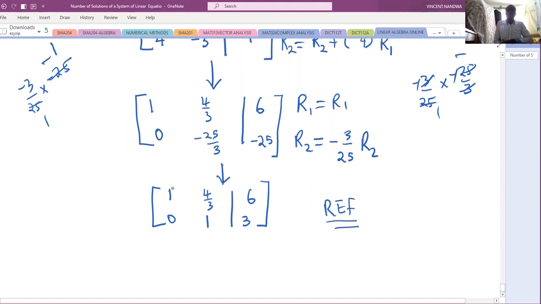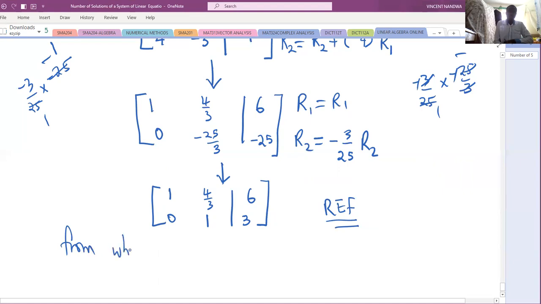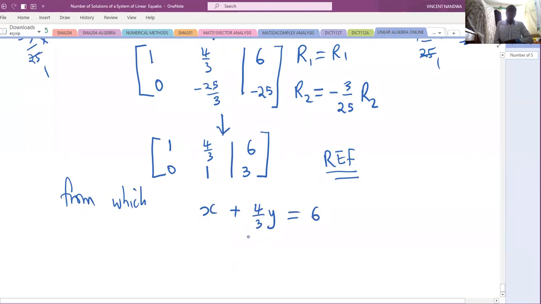And so remember, the first column corresponds to x, and this one corresponds to y. So from which we have the system x plus 4 over 3 y equals 6, and then y equals 3.